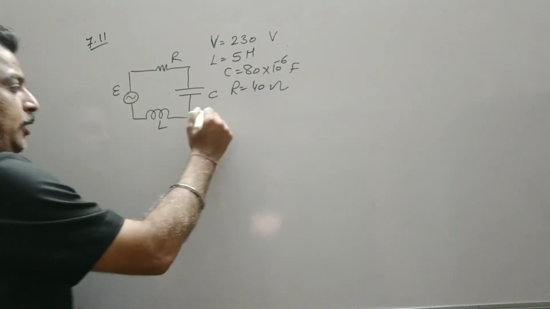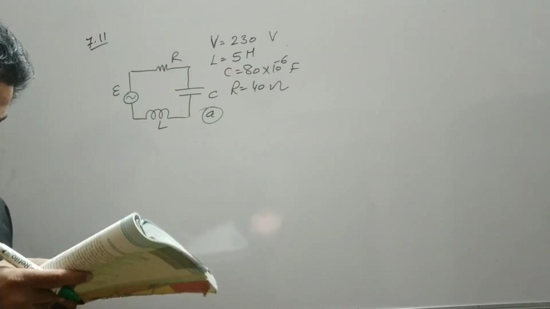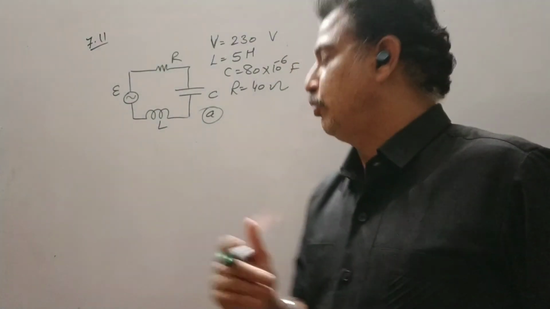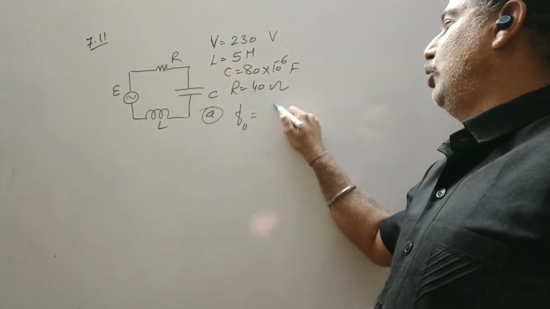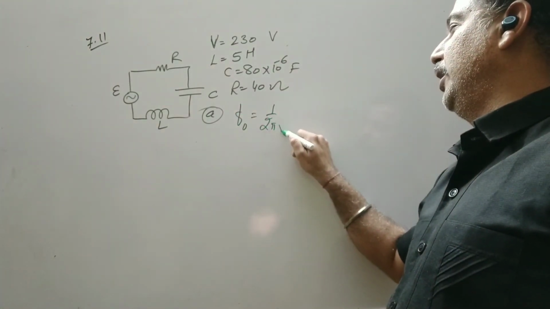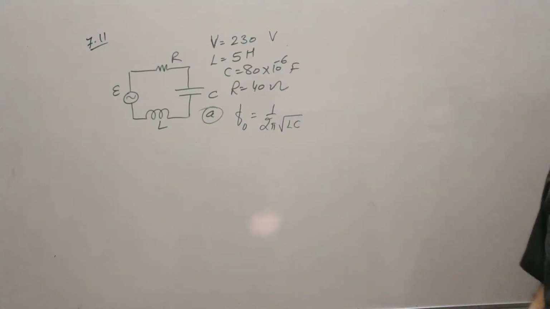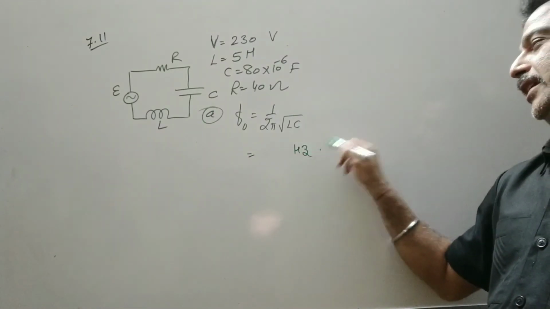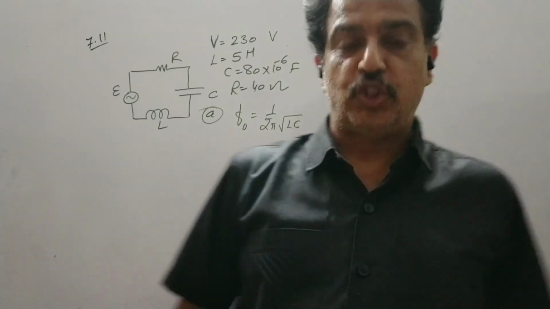The first portion: determine the source frequency which drives the circuit in resonance. So at resonance we have to find out the source frequency. At resonance we know F naught is equal to 1 upon 2 pi under root L into C. So you substitute all these values, and this will be the frequency in hertz. That is the frequency of the source.